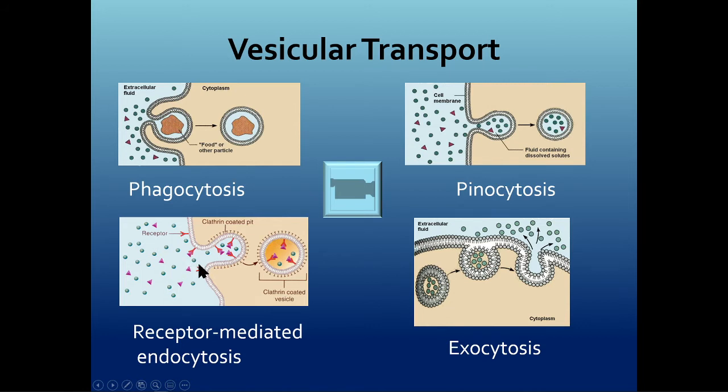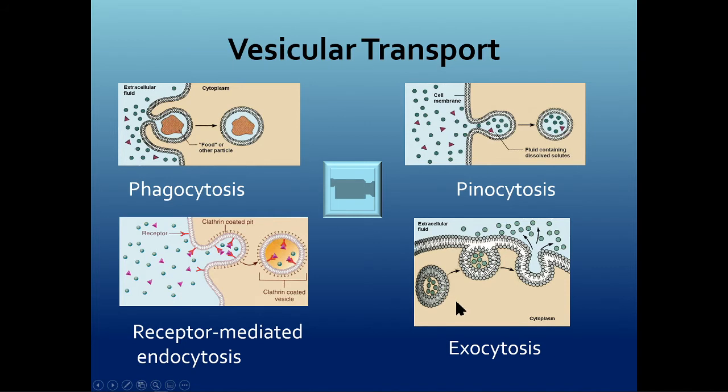If they match, that triggers this part of the membrane to surround this bit of area and make a vesicle and bring it into the cell. Sometimes viruses will get into the cell this way. They have specific little things that fool the cell into thinking this is something that it wants to engulf, and that's how they get in there, because viruses are pretty big, chunky things compared to a cell. That's how they sneak their way in.